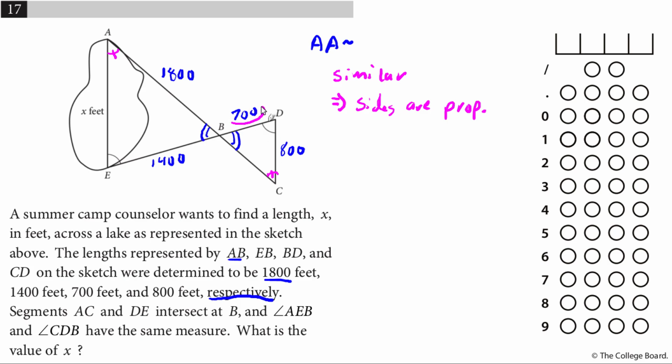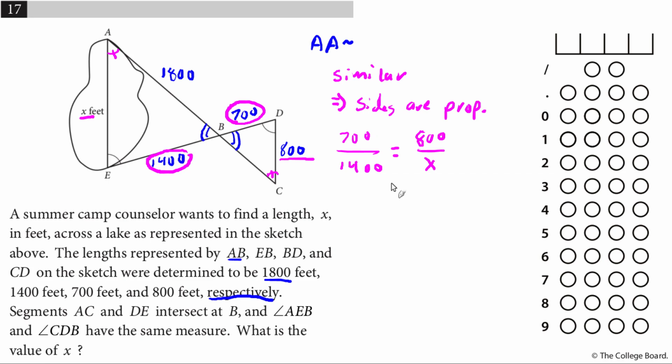I have side BD, which is between the 2 arc and 1 arc. That would correspond to the 1400 between the 2 arc and 1 arc. So I would have 700 over 1400 equals, I have CD, which is 800, between the arc and the arc with the hash in there. That corresponds to the x, so I would have 800 over x.